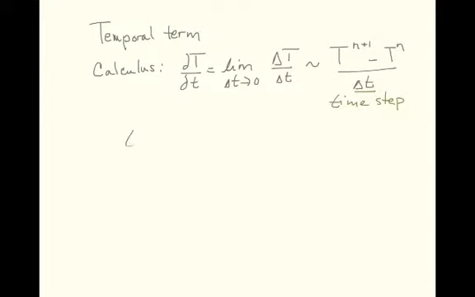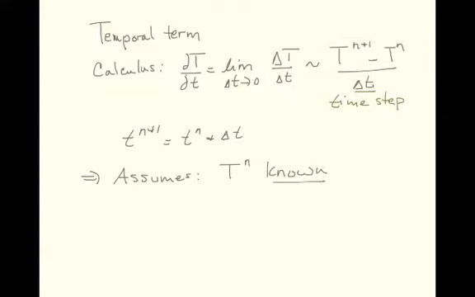And we're going to say that T of n plus 1 is equal to T of n plus delta t. Furthermore, this assumes that T of n is known everywhere.